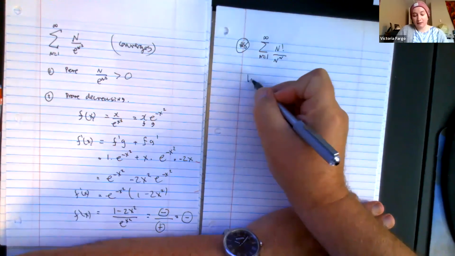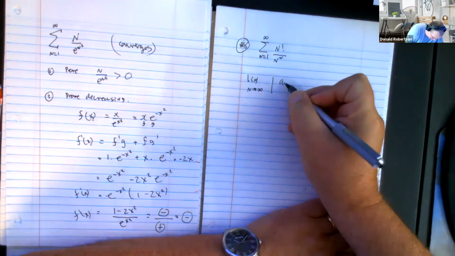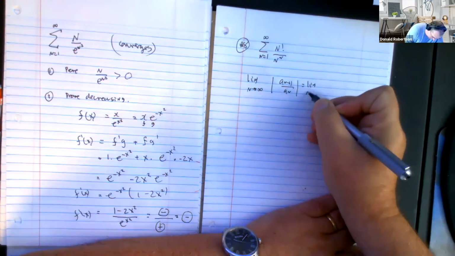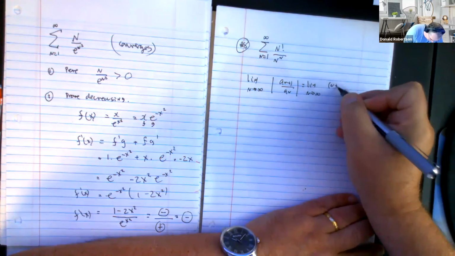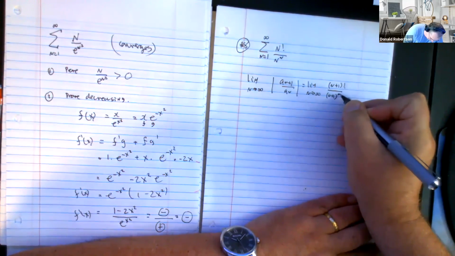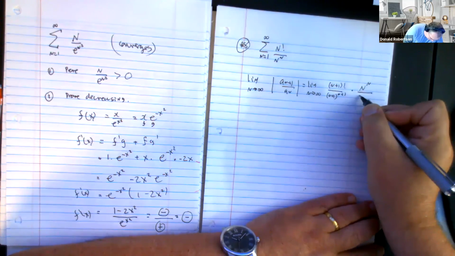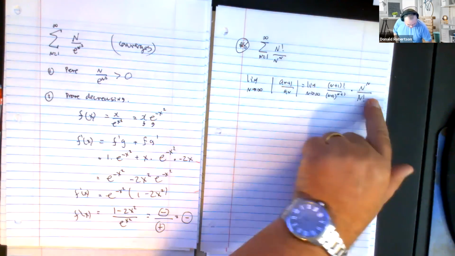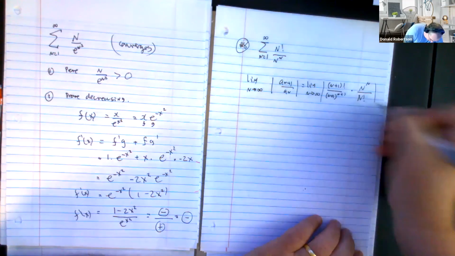Yep. a_(n+1) over a_n. n plus 1 factorial over n plus 1 to the power of n plus 1. Then turn the other guy upside down. And you got that guy, right? And since everybody's positive, I'm just not bothering about the absolute values. But I mean, if you want to, you can put them in.